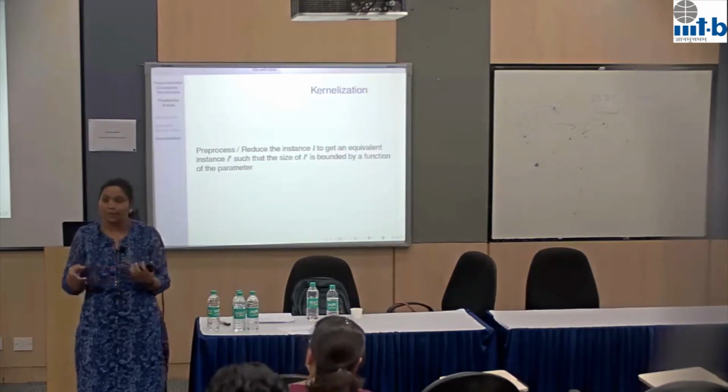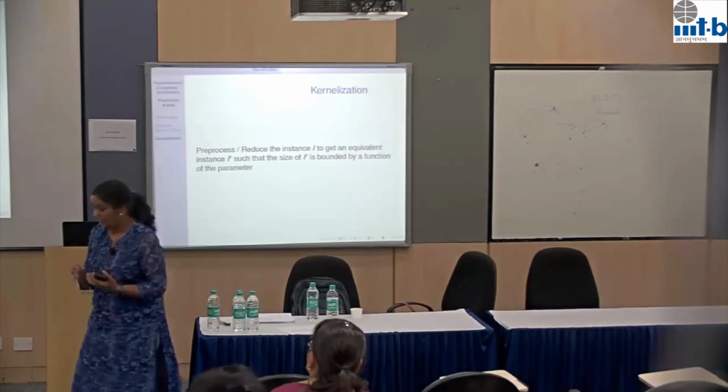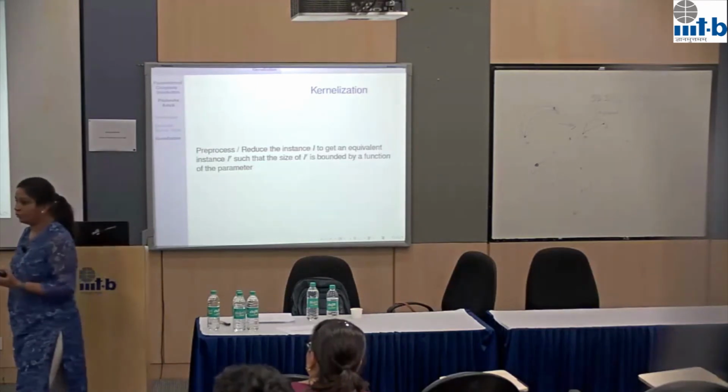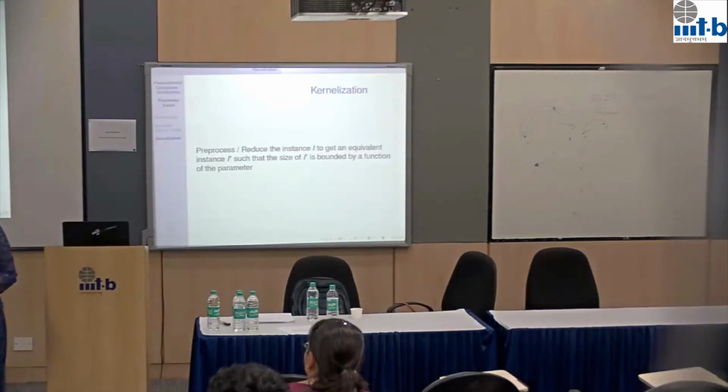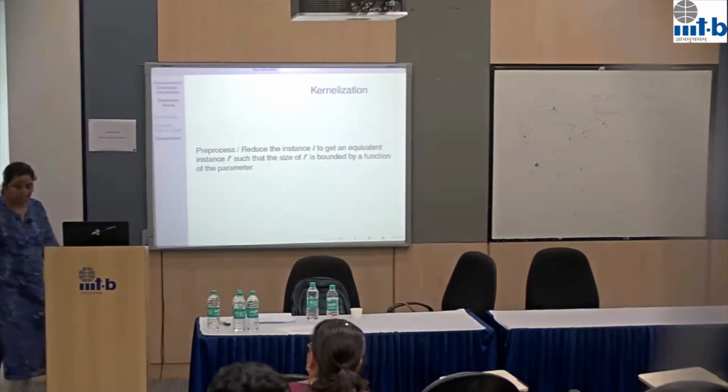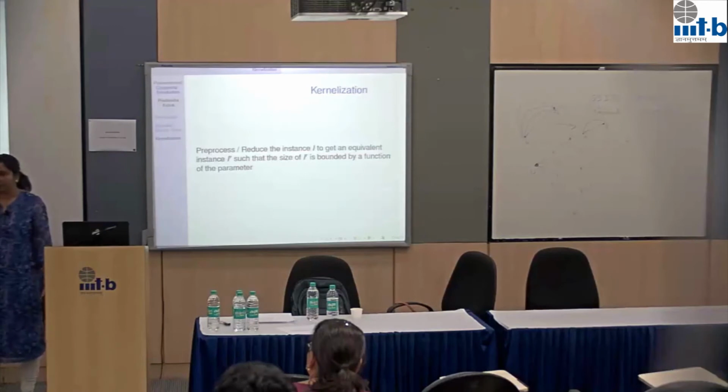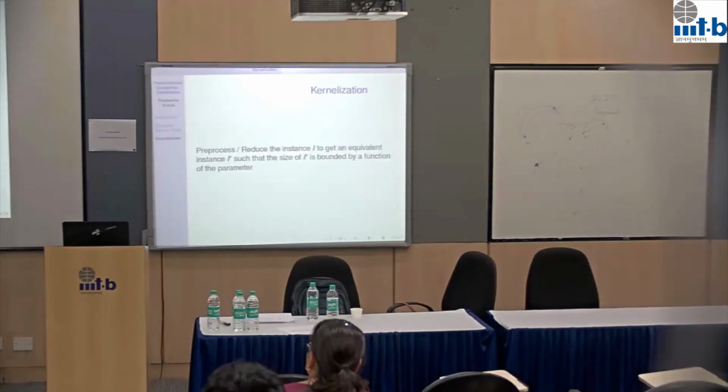What is the advantage of reducing the instance to g of k? We start with an instance of size n and a parameter k, and keep reducing to get an instance of size some f of k. So what is the advantage in doing that?